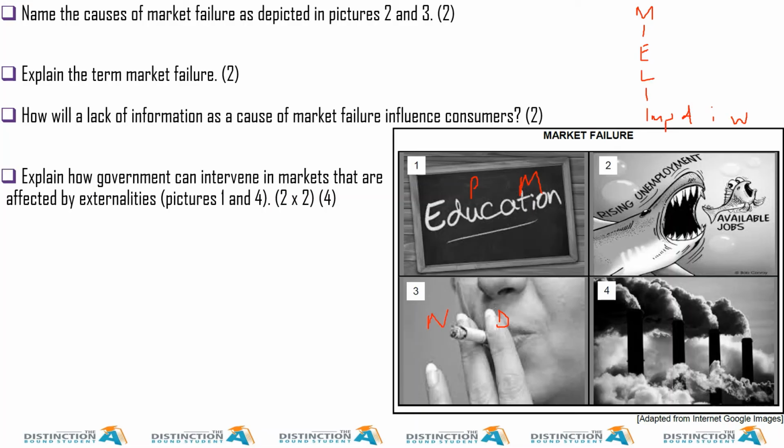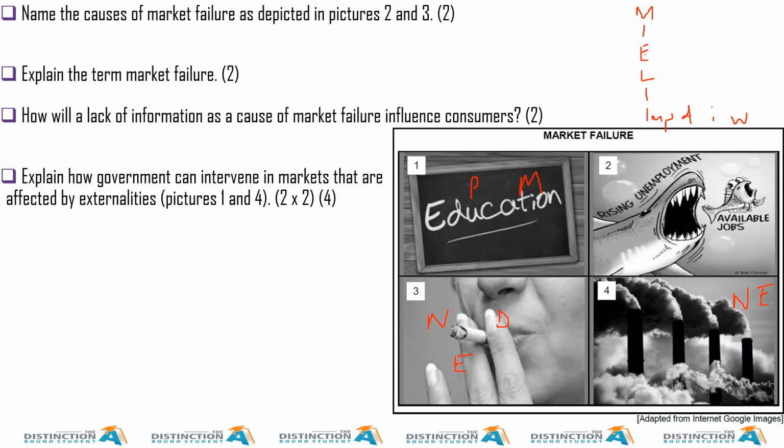It causes a negative externality. And amongst these, it's not missing markets, it's not imperfect, it's externalities. So this will be the E, the externalities. And this one here is pollution. And let's see, it gives us a negative externality. So these are externalities as well.